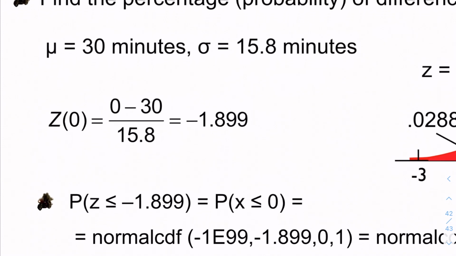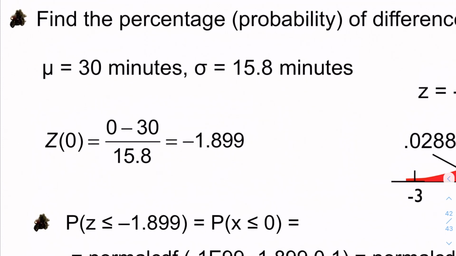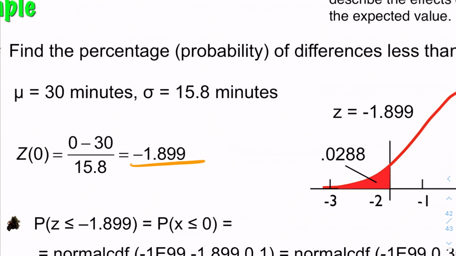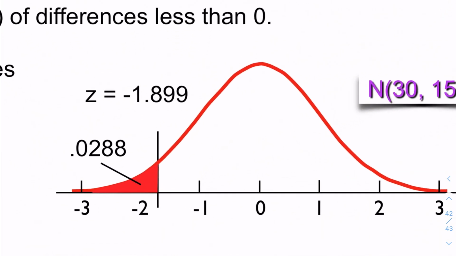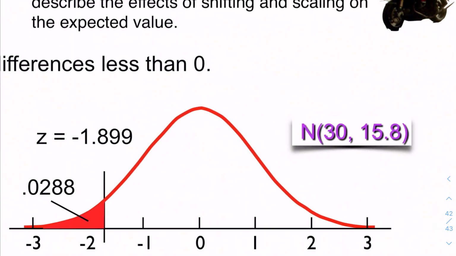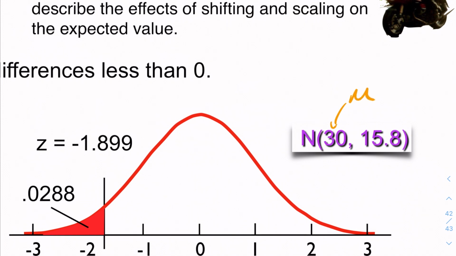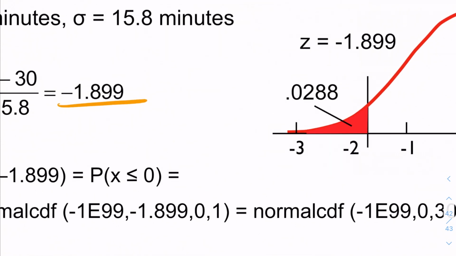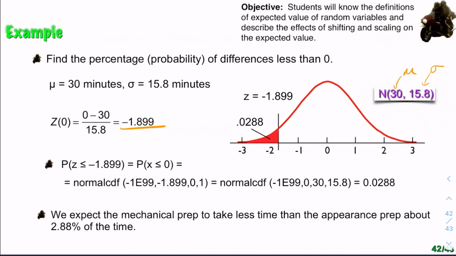So I take 0, which is the score I want, minus our mean, 30 minutes, over 15.8, and I get negative 1.899. Given our normal model with a mean of 30 minutes and a standard deviation of 15.8 minutes, I want to know the probability I'm lower than that. Because if I'm lower than that, then the appearance took longer than the mechanical work.